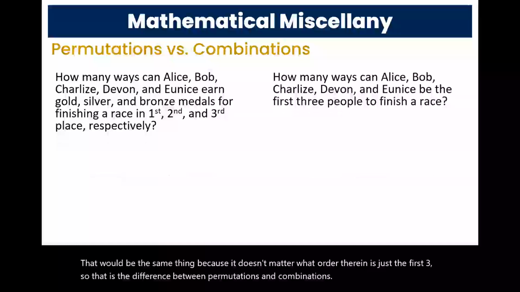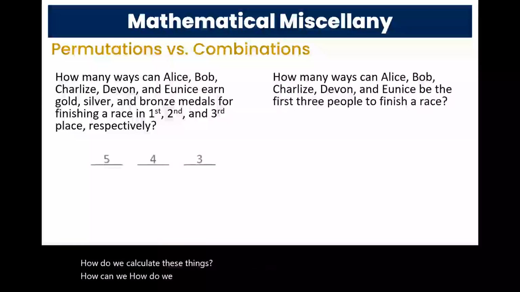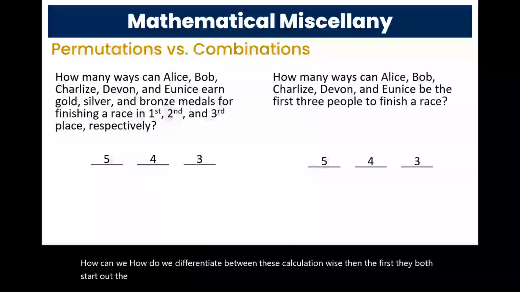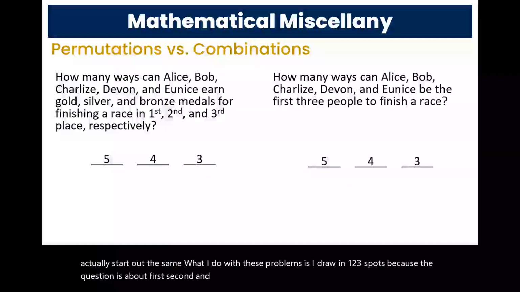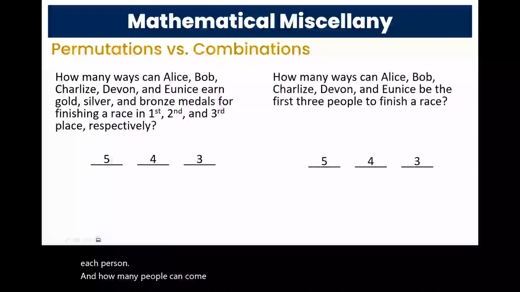How do we calculate these things? How do we differentiate between these calculation-wise? Well, they both actually start out the same. What I do with these problems is I draw in 1, 2, 3 spots, because the question is about first, second, and third, or first 3 people. So I'll draw out 1 spot for each person. And how many people can come in first place?